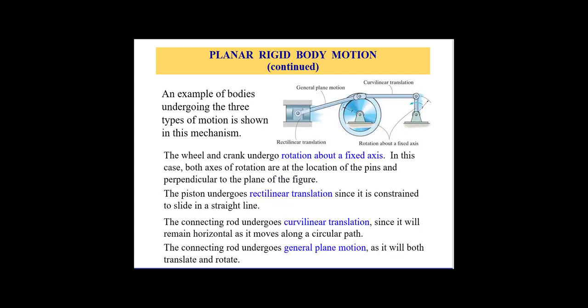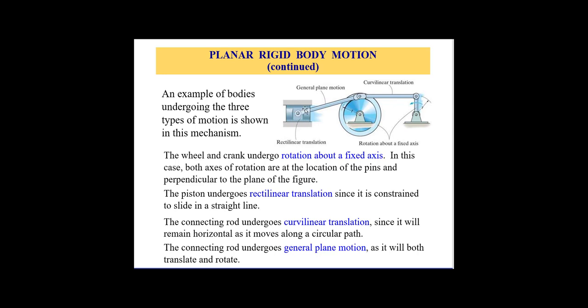Let's take an example where we have all kinds of motion. This mechanism consists of a piston that goes left and right because it is guided through this channel, so it's a rectilinear translation as a cylinder.